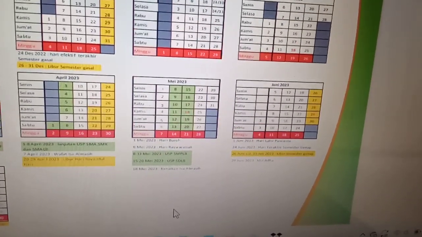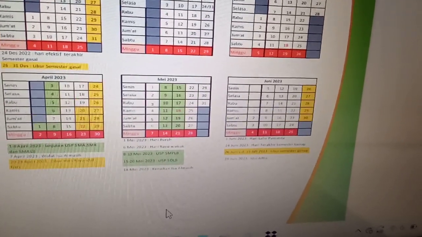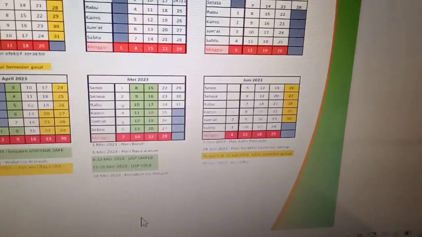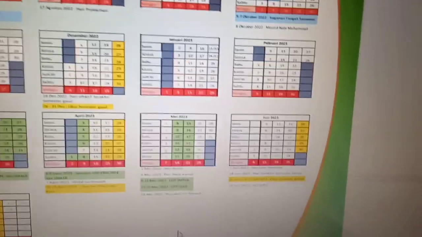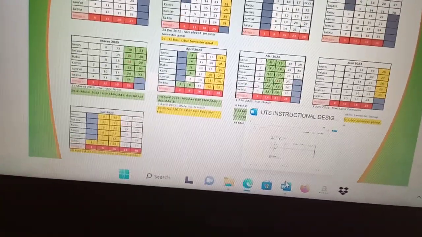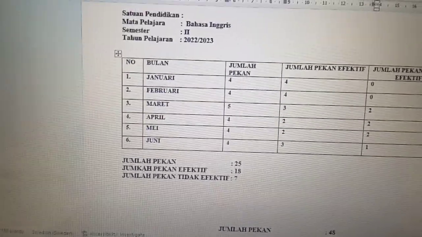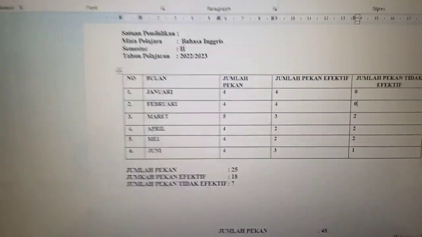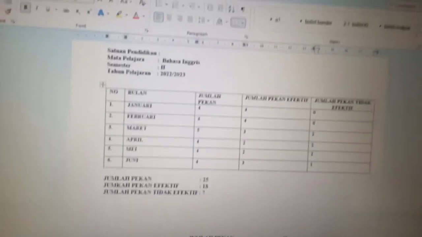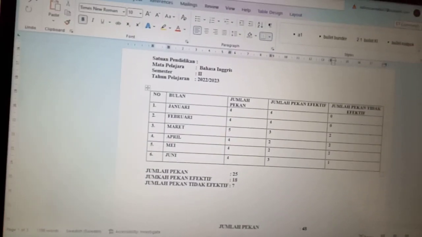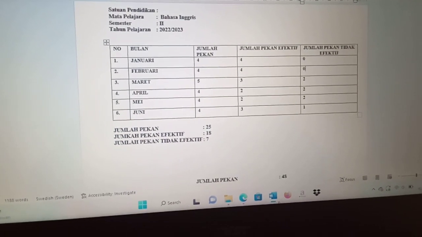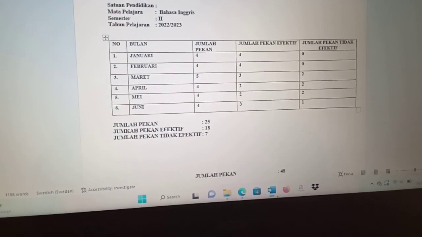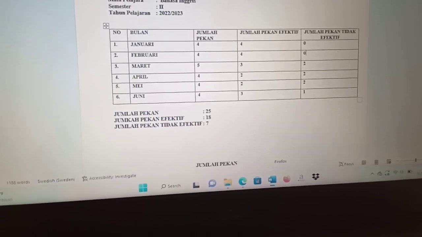In the month of June, there are also 4 weeks, with 3 effective weeks. So 4 minus 3 equal to 1. So now let us see. In the second semester, there are 25 weeks with 18 effective weeks and 7 ineffective weeks.